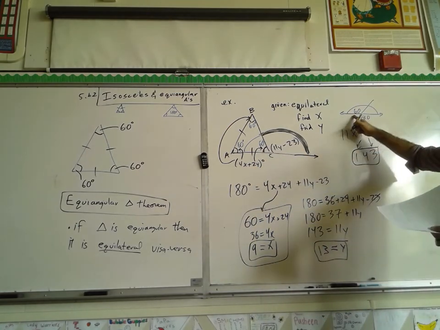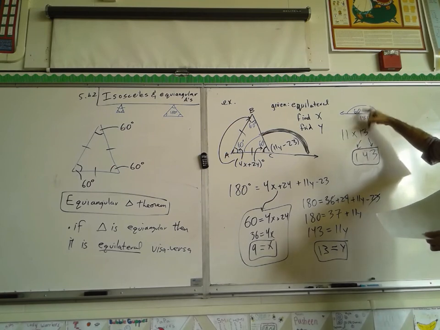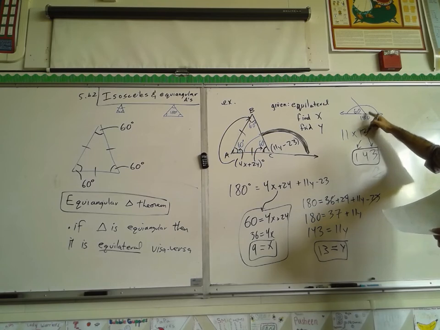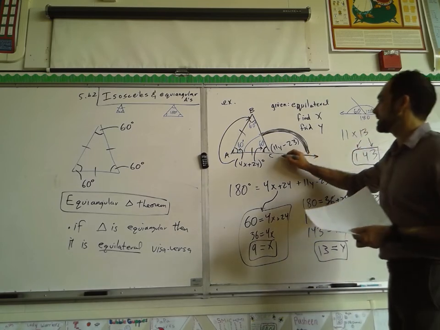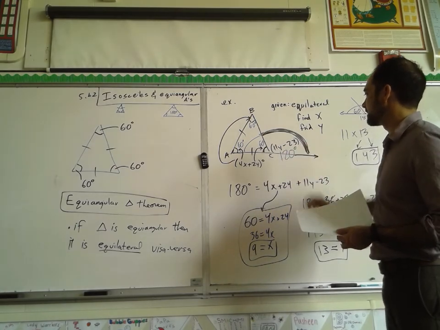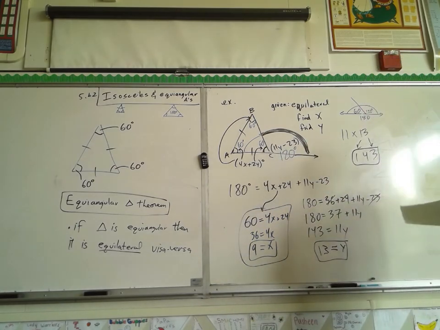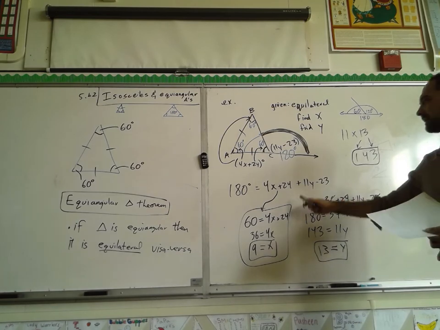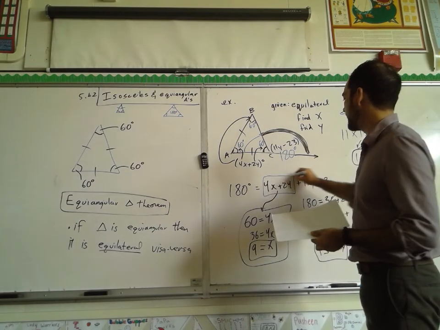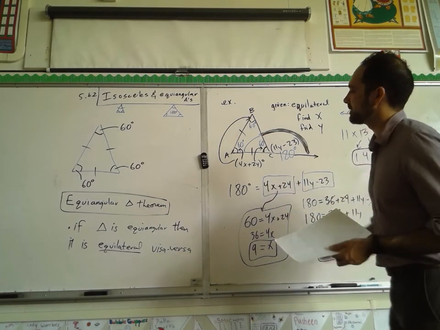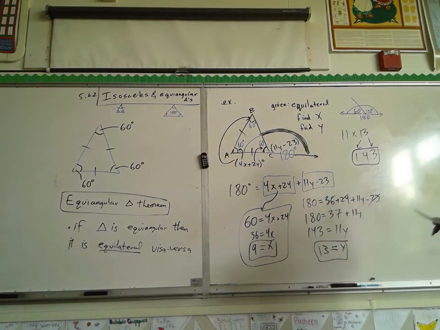So 60 plus what gives us 180? It's 120. So we know that this over here is 120 degrees. And that makes sense, really, because that's what we basically figured out here. We knew that the two angles had to add up to 180. So it's a bit of a roundabout, but that's how we get to that conclusion.